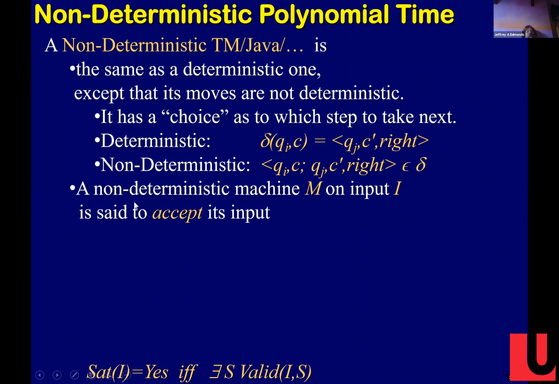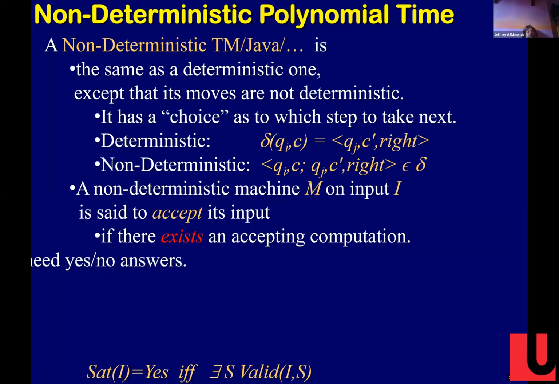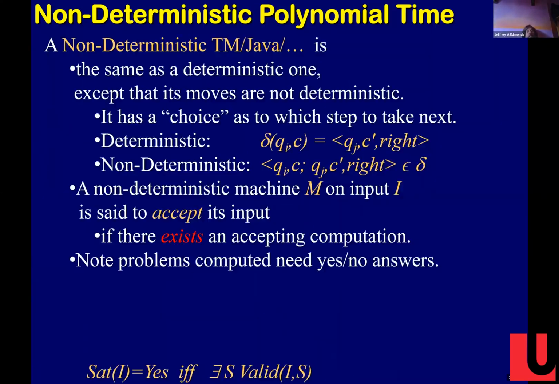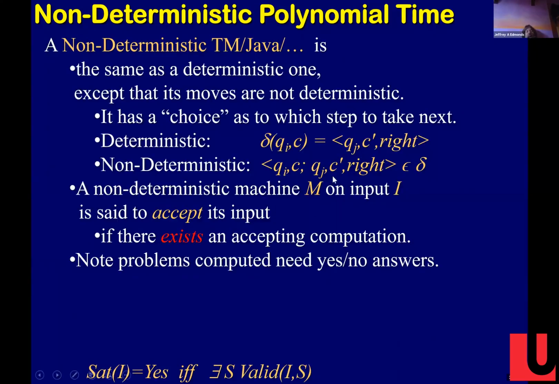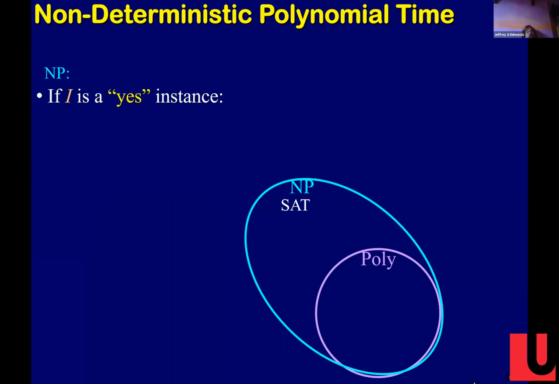And we say that a non-deterministic machine will accept an input if there exists a computation that accepts. And so basically, that computation is you guess the solution and then check to make sure the solution works, right?